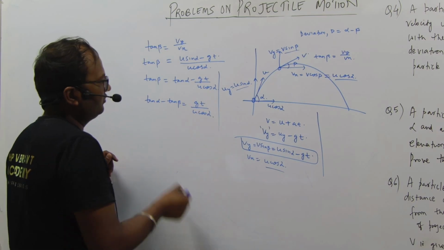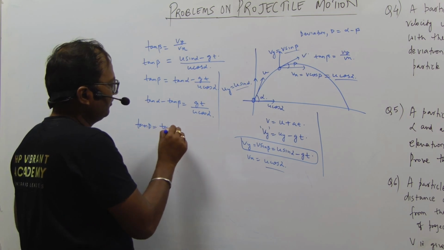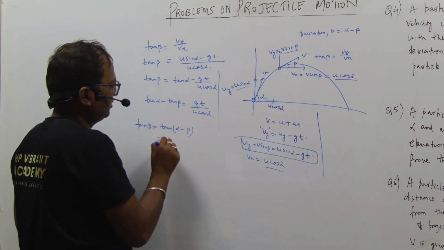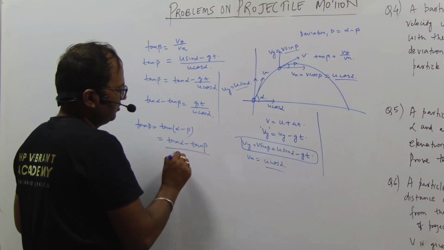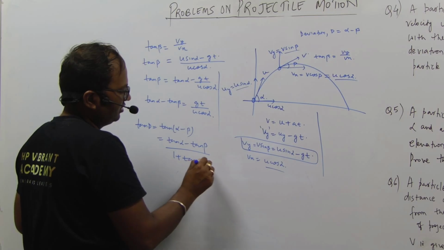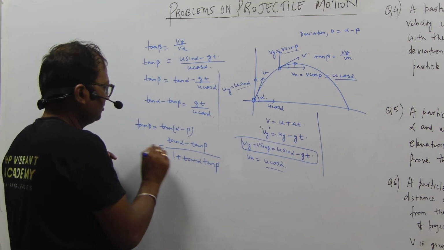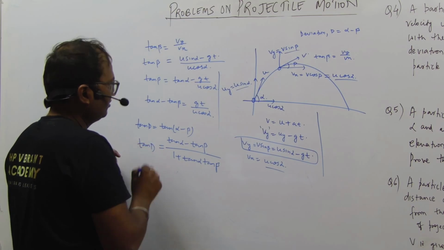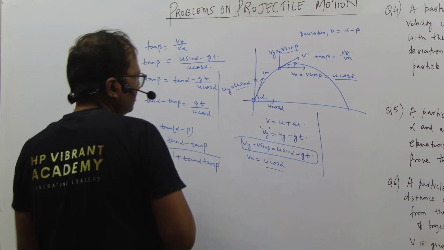Now we have the deviation d: tan of d is equal to tan of alpha minus beta. This is equal to tan alpha minus tan beta upon 1 plus tan alpha tan beta. So this is equal to tan d. Let us further simplify this.